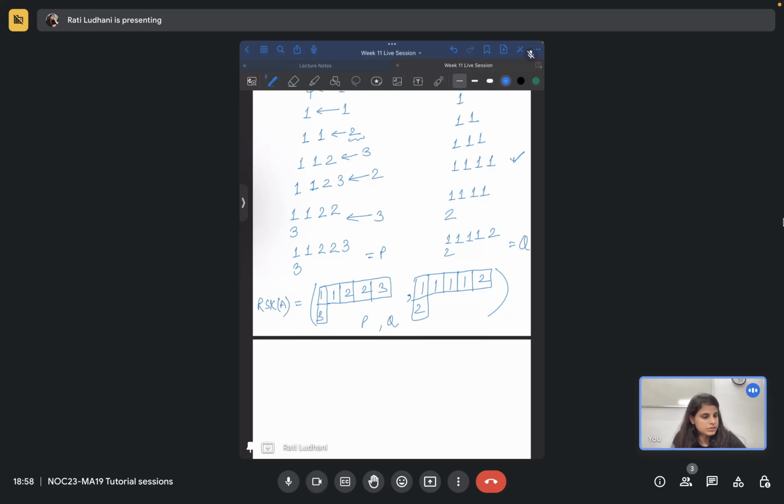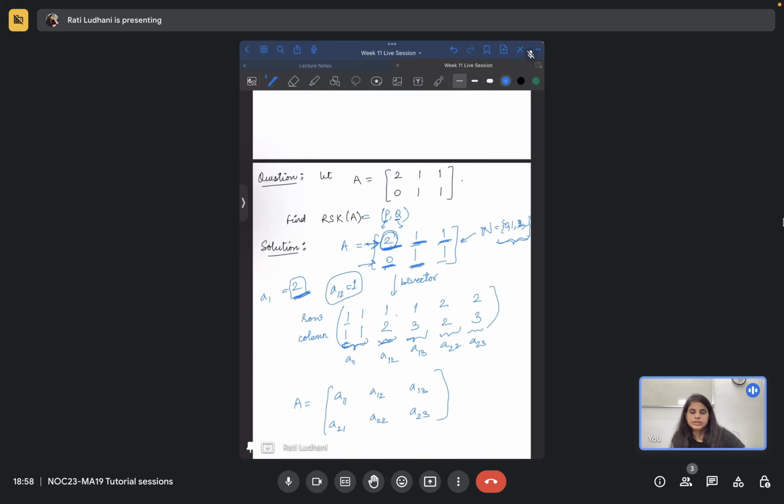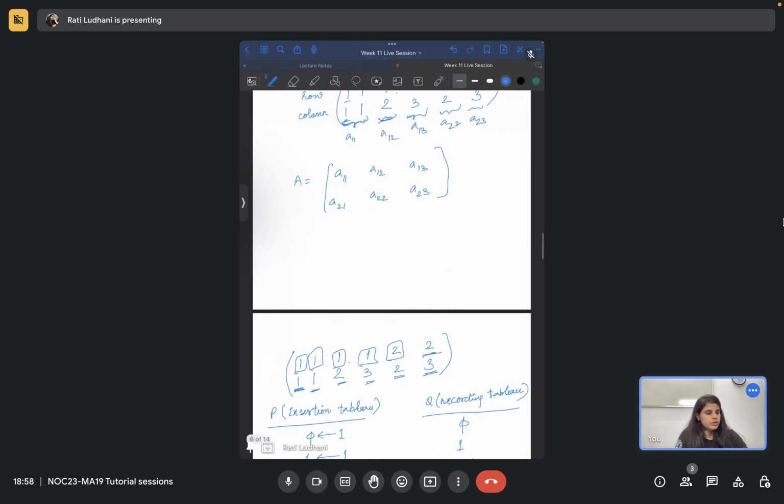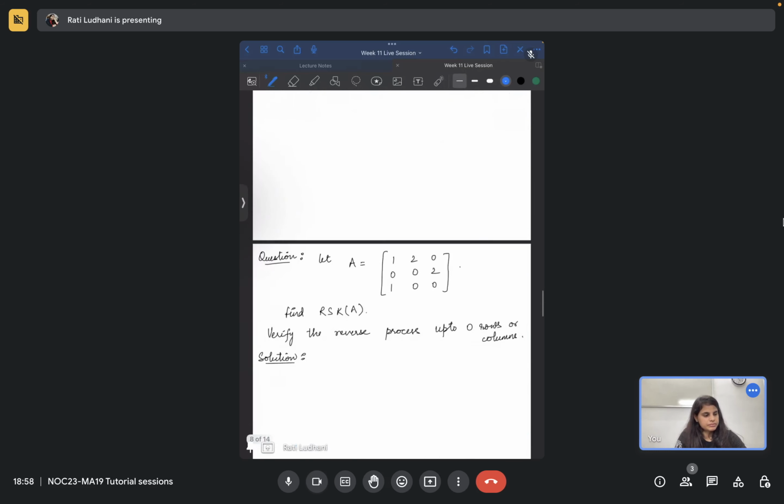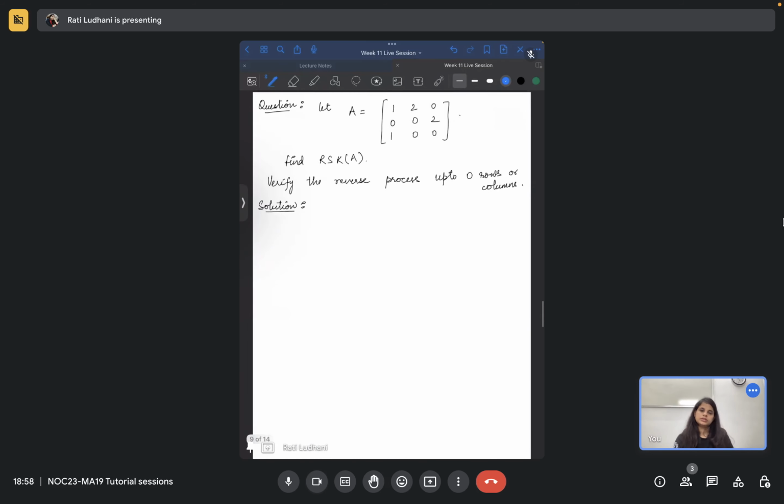This was asked here. Find RSK of A. Let's see this. Let A be equal to, now same thing, we are again trying to write what is RSK of A, and here also we have to verify the process. Verify as in the reverse process.